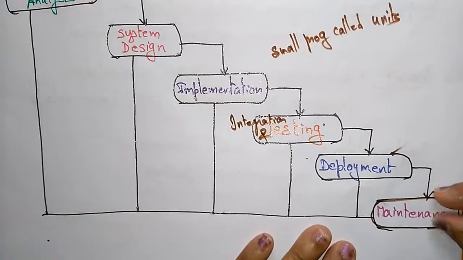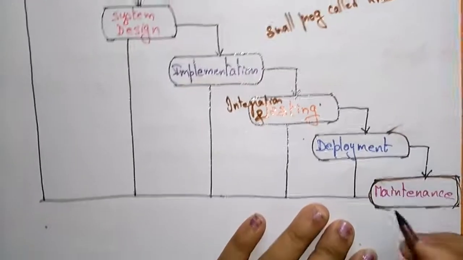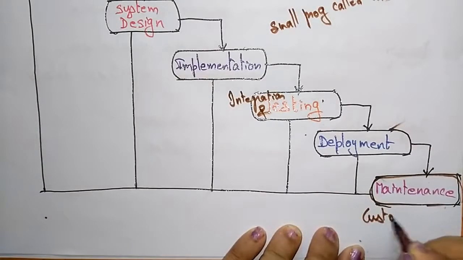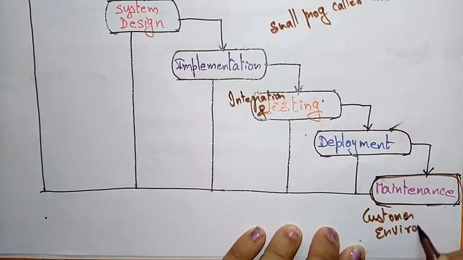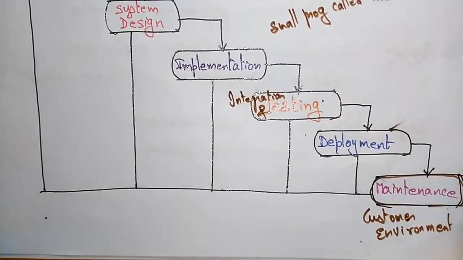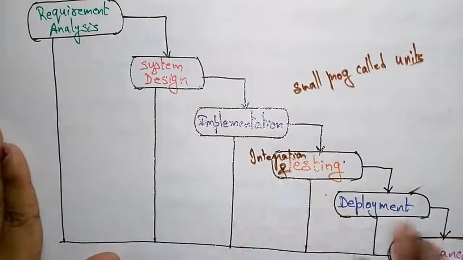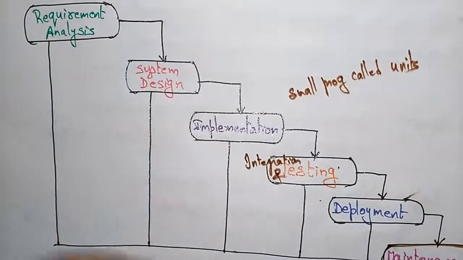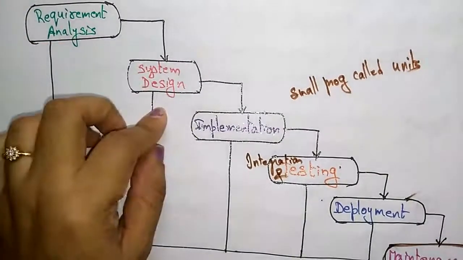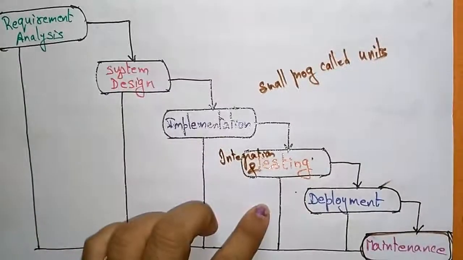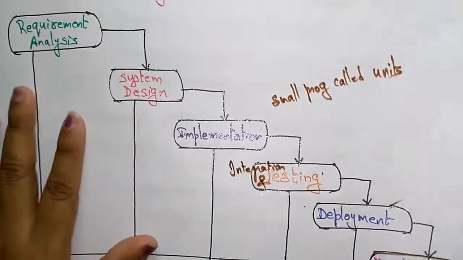The maintenance stage occurs in the customer or client environment only. If issues come up in the client environment, those will be fixed, and that you call maintenance. So these are the different stages in the waterfall model: requirements, system design, implementation, integration and testing, deployment, and maintenance.